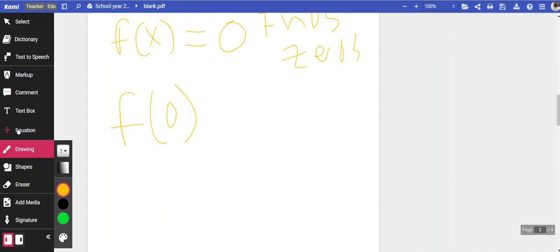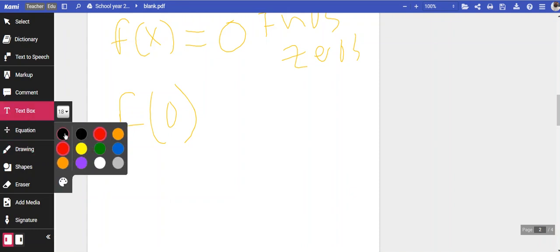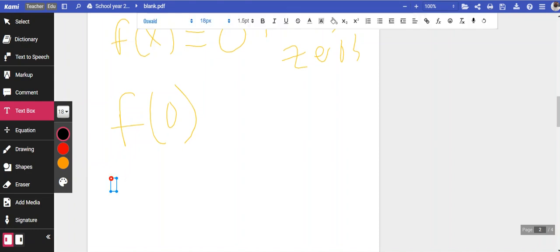What I want to talk about next is something we call critical points. Now, what the heck is a critical point? Critical points are where graphs change direction or shape.